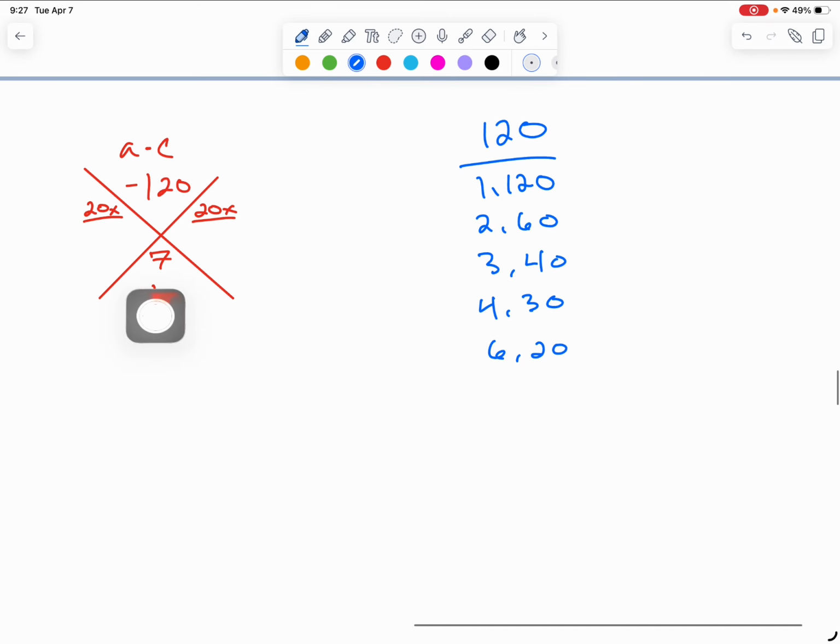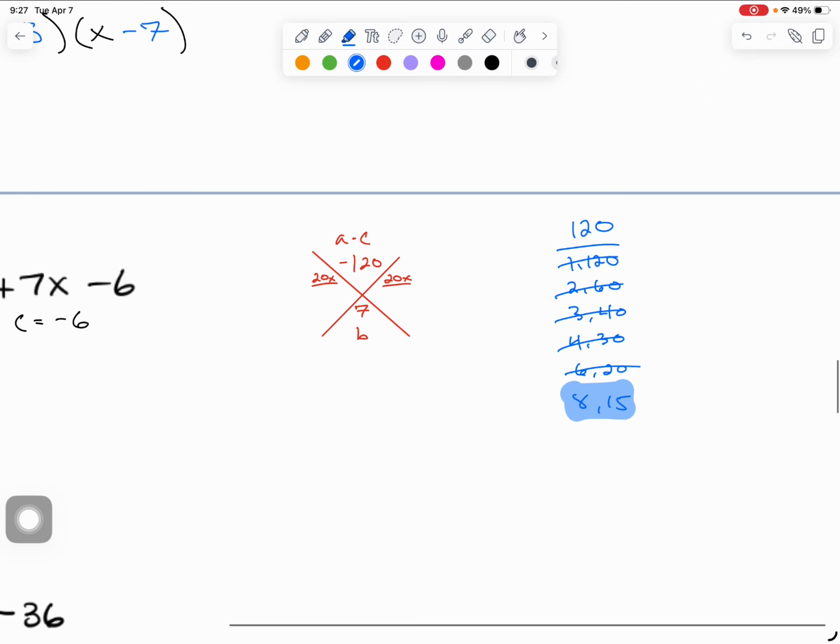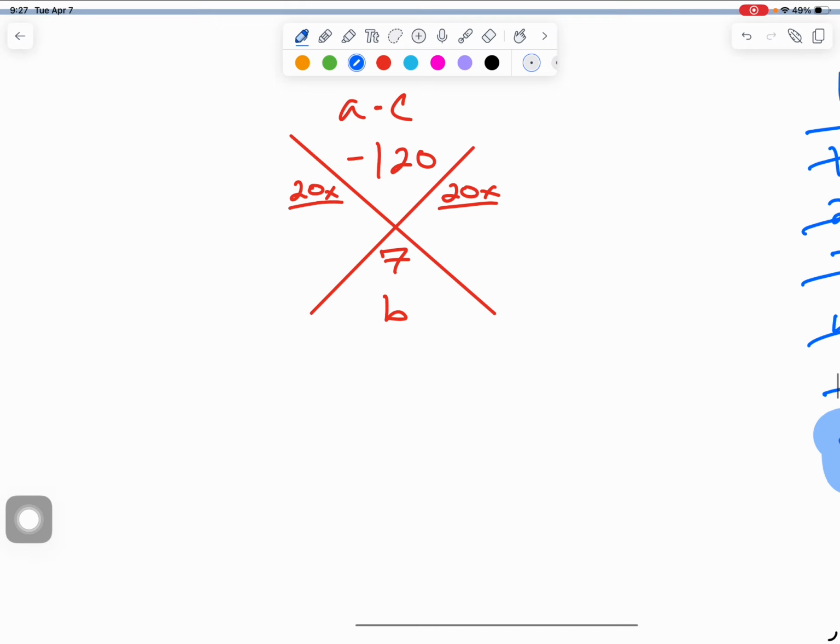Nope. 120 minus 1, 60 minus 2, 40 minus 3, 30 minus 4, 20 minus 6. We're getting a little closer. How about 8 and 15? 15 minus 8 does give us a 7. And we need it to be a positive 7, so we'll leave it as 15 minus 8.